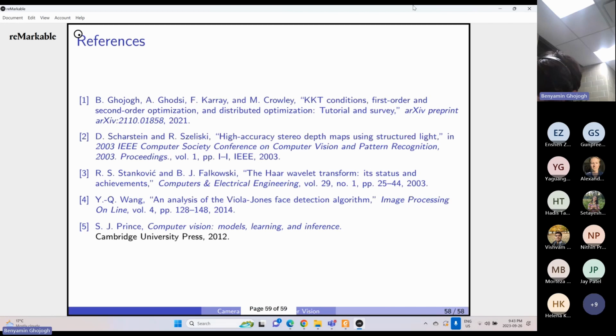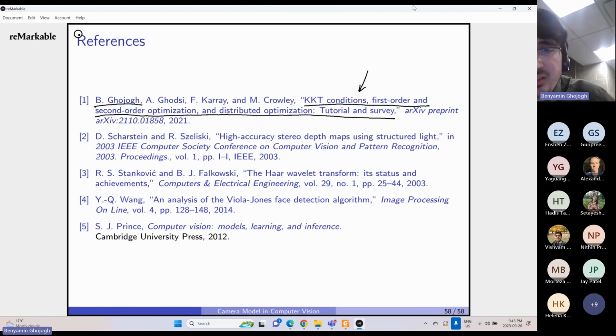So what are these? These are KKT conditions, first order, second order optimization, and distributed optimization: tutorial and survey. This is our tutorial paper about optimization. I recommend that you read that. I think it's very good. Also, I have a course, optimization techniques, on my YouTube channel, and I cover various methods in optimization. Also, this is high accuracy stereo depth maps using structured light.